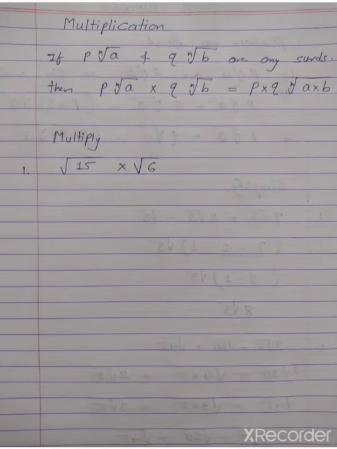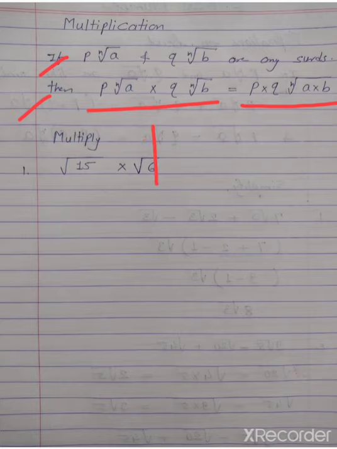Rule for multiplication. Suppose these are two surds, they may be like surds or unlike surds. So here I write, if p nth root of a and q nth root of b are any two surds, then their multiplication can be written in this form. Here I multiply the coefficients.